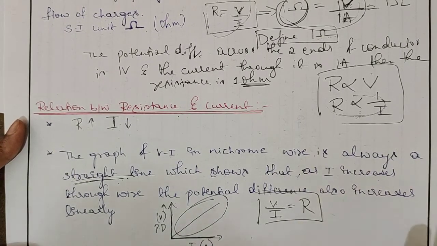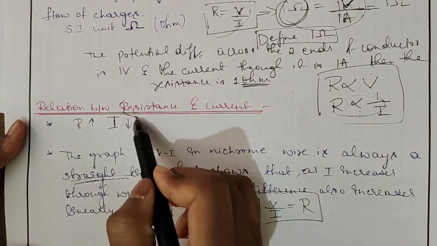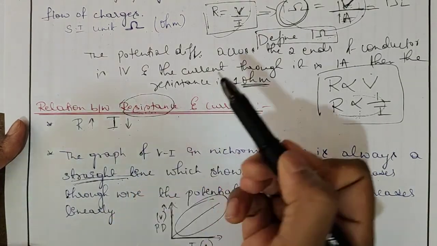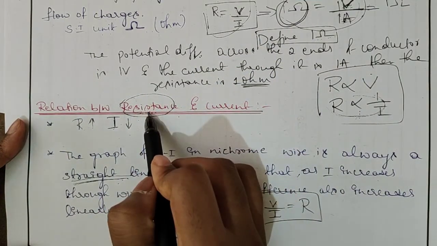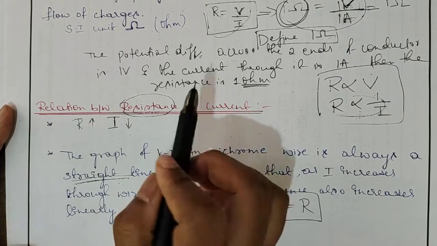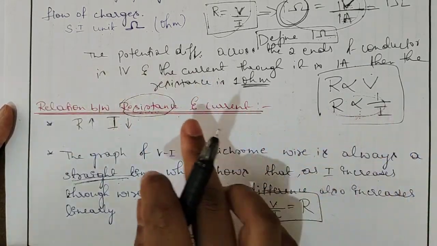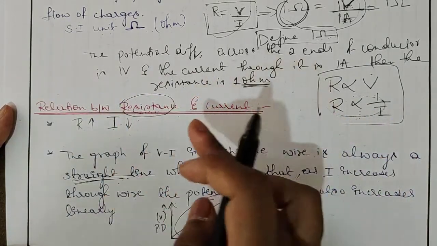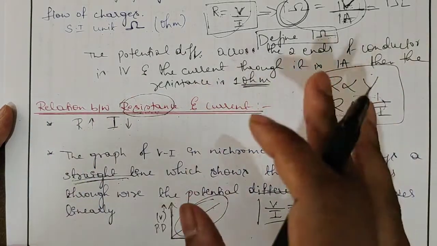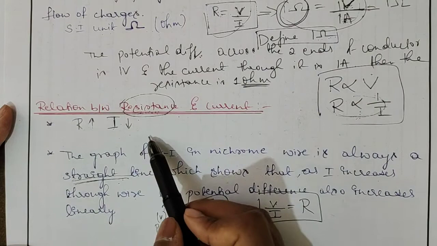Now there are some factors which depend on this resistance, or I can also say the factors on which resistance depends. Now we need to learn that one based on the activity. In this chapter we'll get a number of activities. Once you look at your textbook, in all the chapters, especially in physics, you will get a number of activities. Based on that activity only we need to learn the theory.